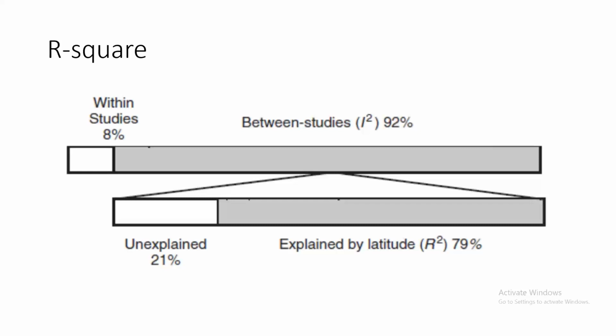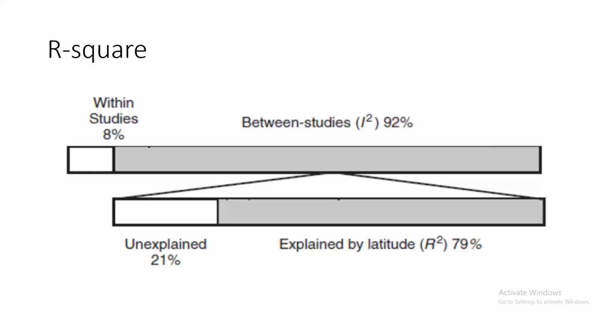I repeat, I want to know if this moderator named latitude is explaining the variance. Which variance am I interested in? I'm interested in between study variance. I'm not interested in within study.